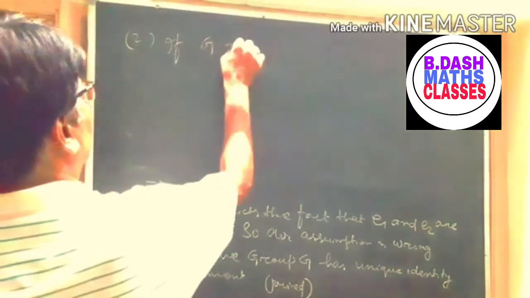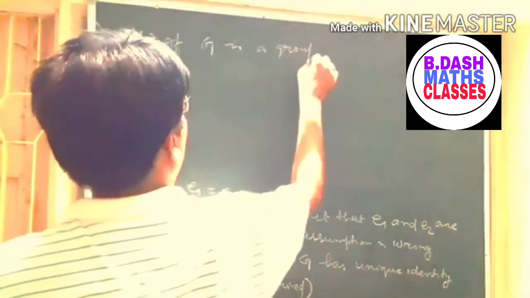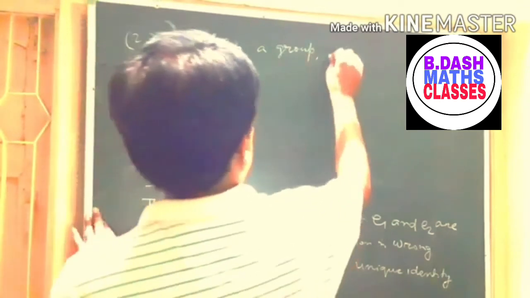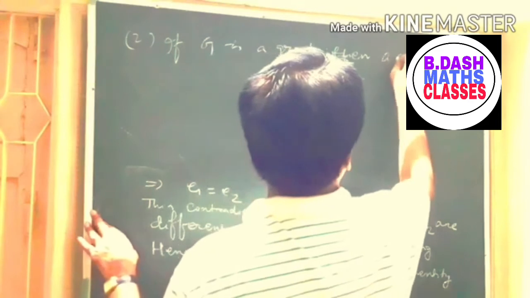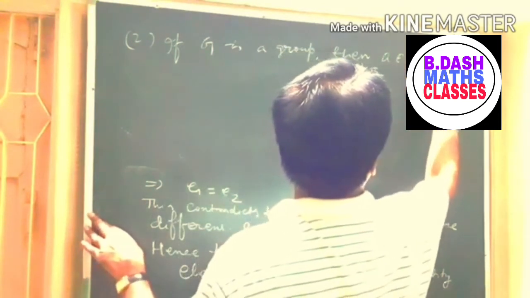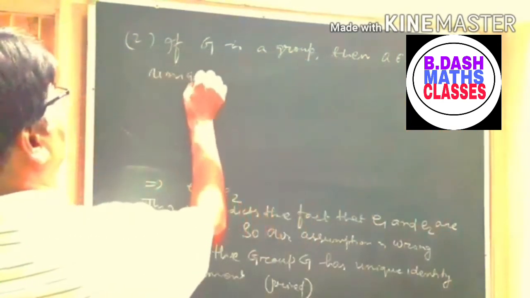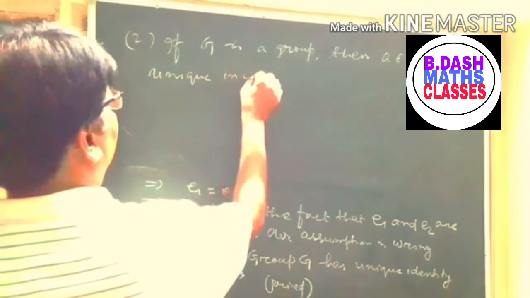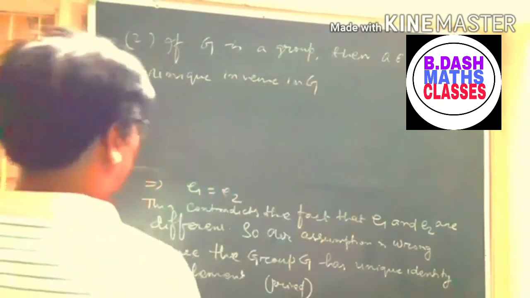If G is a group, then A belongs to G has a unique inverse in G. Proof.